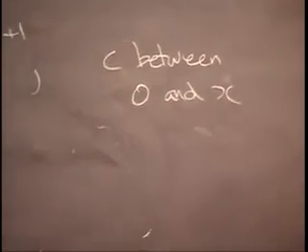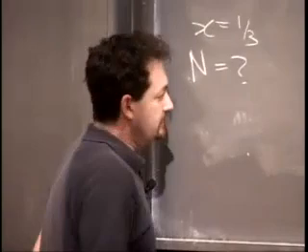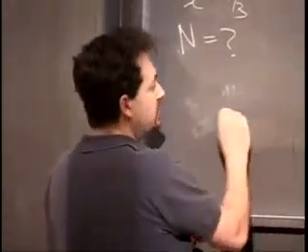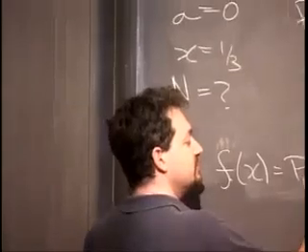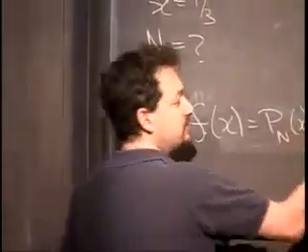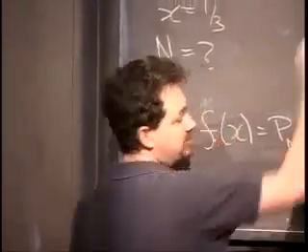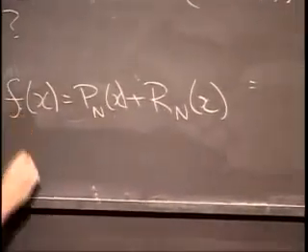Same as what we wrote before, but I don't know what n is. Now, let's just remind ourselves what we're doing here. We are writing f of x is Pn of x, which is the Taylor polynomial, plus Rn of x, which is this error term. And f of x is just e to the x.